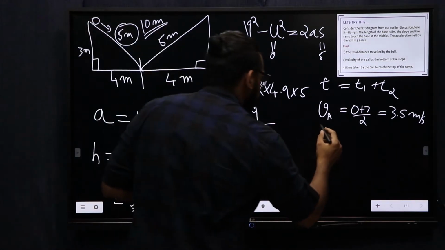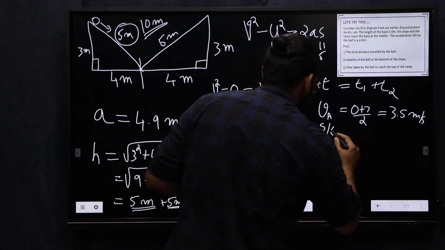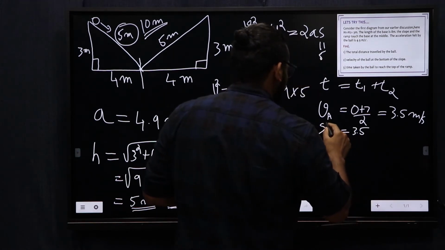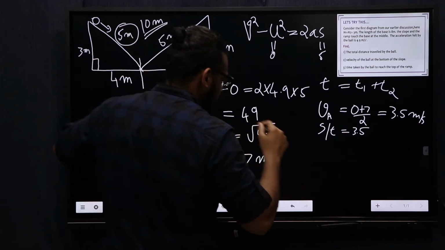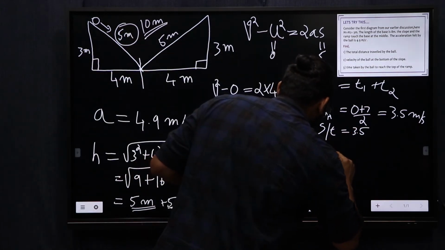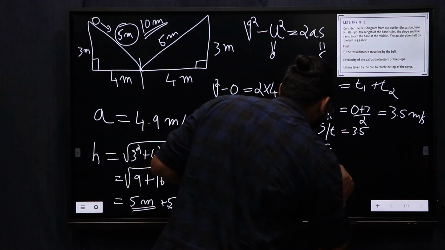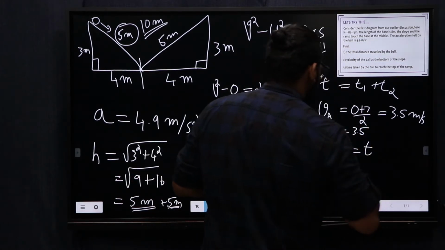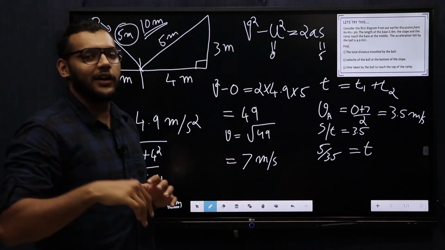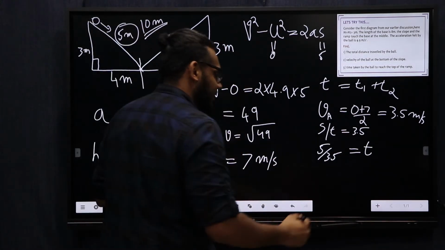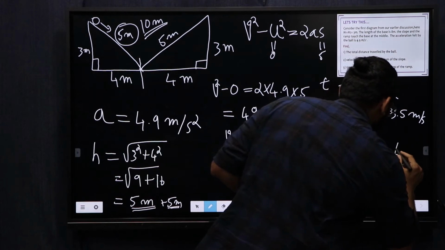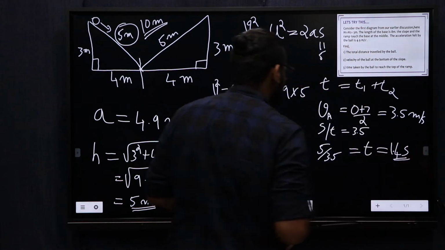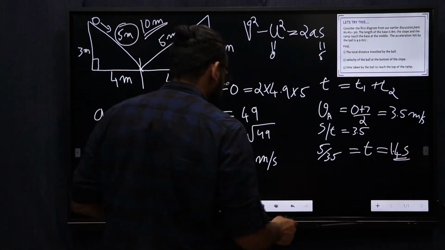So that is distance by time equal to 3.5, and we know that the distance is 5, so we take it to the other side. We have 5 divided by 3.5 is equal to t, which is, if anybody has got a calculator, I'd suggest you try this out. You can find that it is approximately 1.4 seconds. Now we found t1. Let's now look at t2.